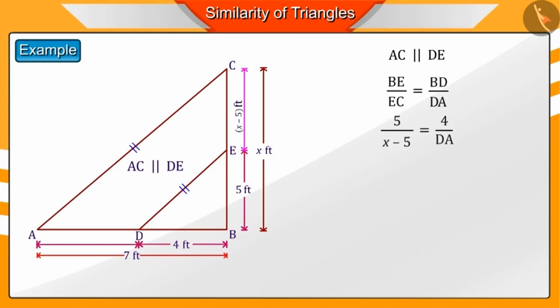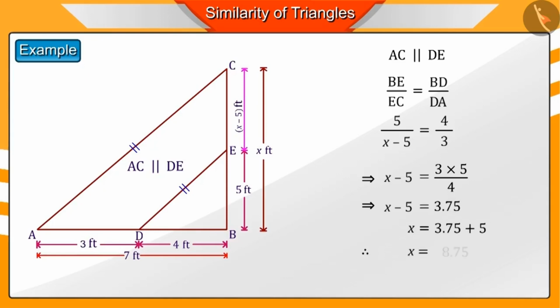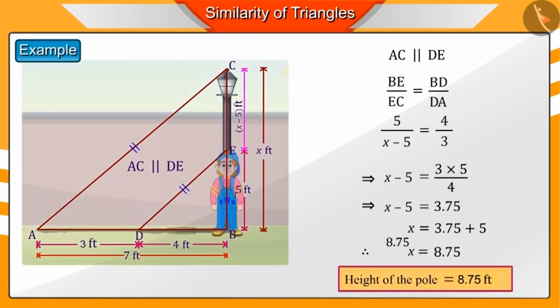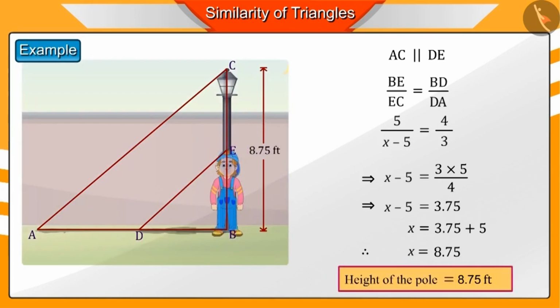Now, we substitute all the values. Can you now think of a method to find the value of DA? You can find the value of DA as follows. Substituting this value of DA, we get x is equal to 8.75. Therefore, the height of the pole would be 8.75 feet.